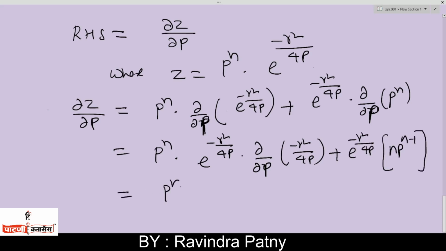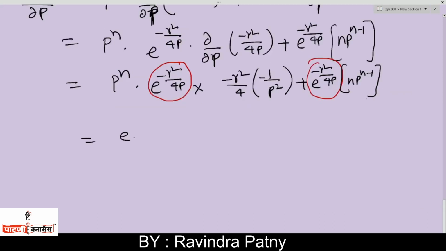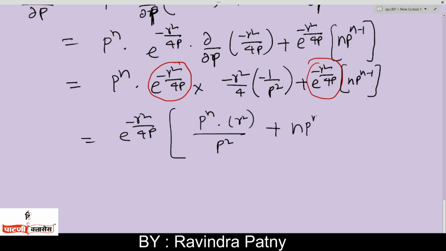This is equal to p raised to n e raised to minus r square upon 4p into minus r square upon 4 into partial derivative of 1 upon p, nothing but minus 1 upon p square, plus e raised to minus r square upon 4p into n p raised to n minus 1. Now taking e raised to minus r square upon 4p common, we are left with p raised to n into plus r square upon p square plus n p raised to n minus 1.